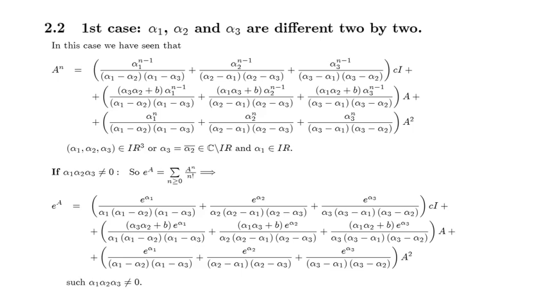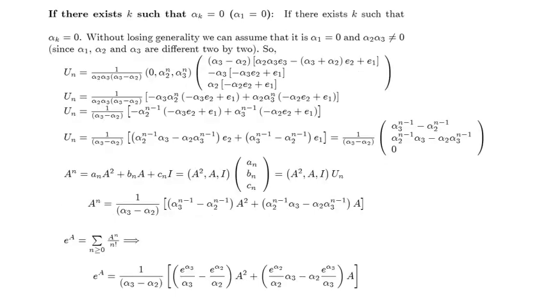If all the alpha_i are different from 0, so we have the exponential of A has this formula, and if there exists k such that alpha_k equals 0, like alpha 1 equals 0, so you can have this formula, and A^n, the n power of A, has this formula we have seen before, and the exponential of A has this form.